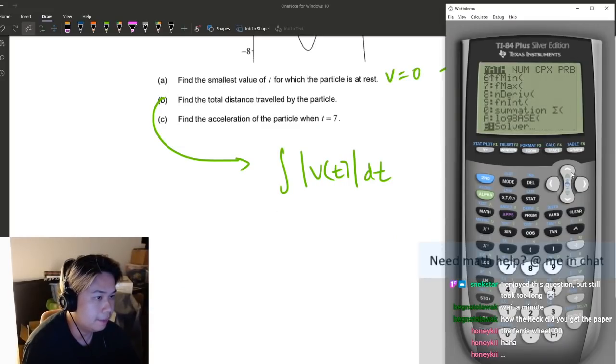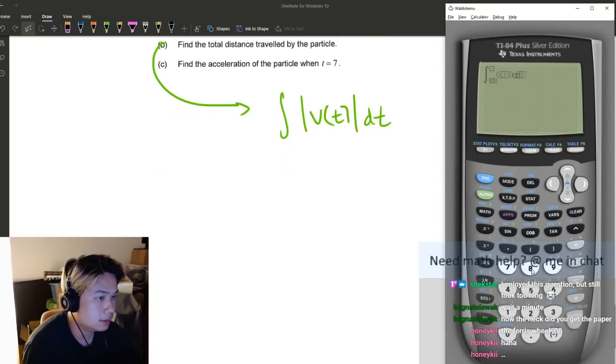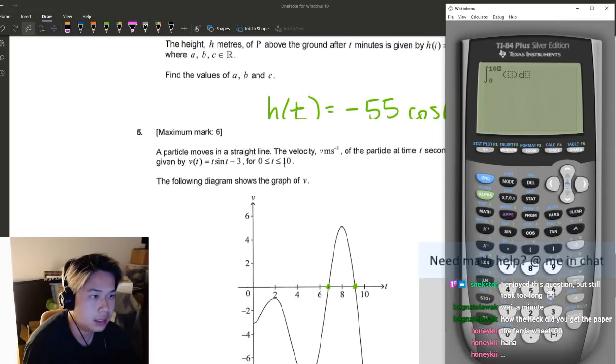So we'll just do that. Save ourselves some time. Oops, let's exit this. So this goes from 0 to 10 seconds, I believe. Yeah.